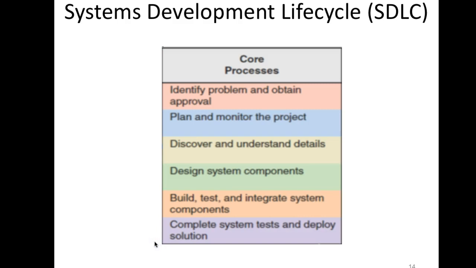What we listed there more or less follows a category of activities that every systems development project will include. We call them system development lifecycle phases. So we want to identify a problem and obtain approval. This is what AITP and ACM president have done for us. You want to plan and monitor the project. You want to discover and understand detail. That's gathering requirements.